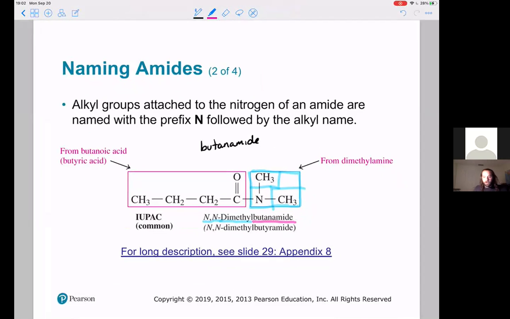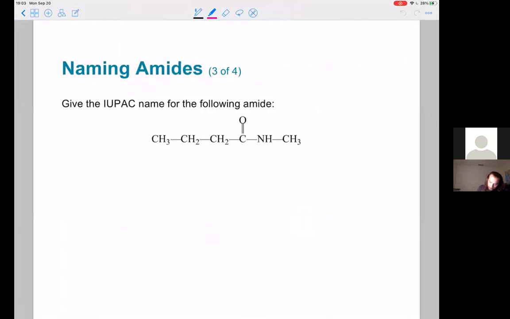Just as always, I'm not going to bother with the common names for these. Coming in blind, with the IUPAC name, what are we going to do? It's easier to find the parent chain than it was with regular amines, because you look for whichever chunk contains that carbonyl carbon. So this right here is automatically my parent chain because it contains that carbonyl carbon.